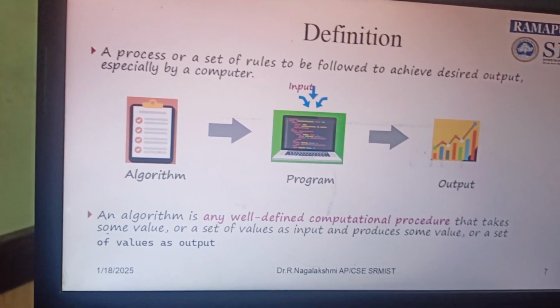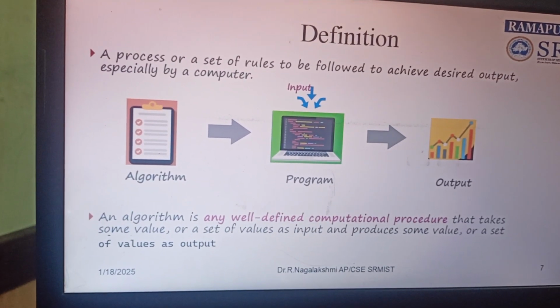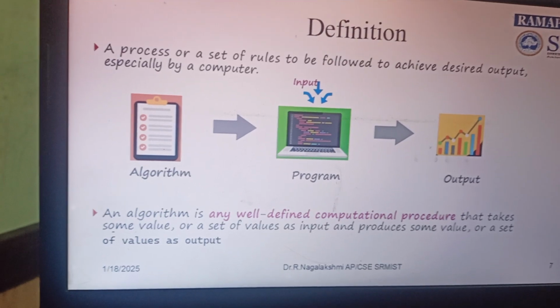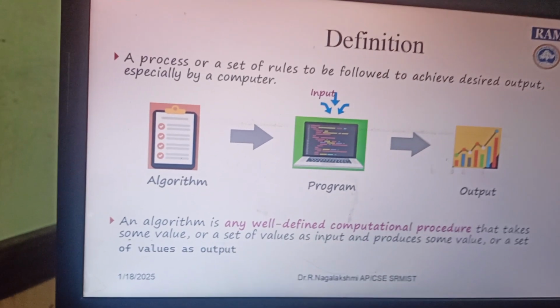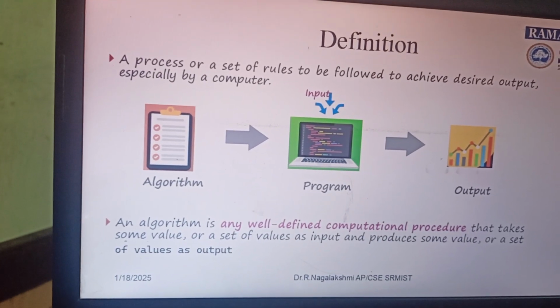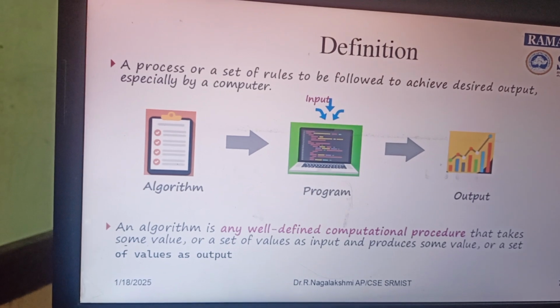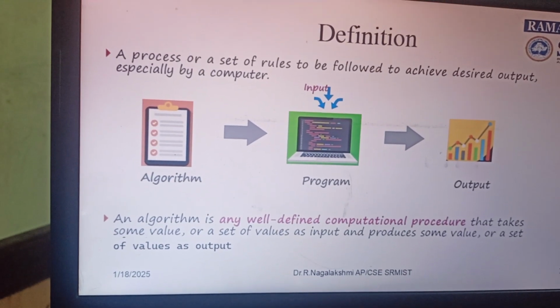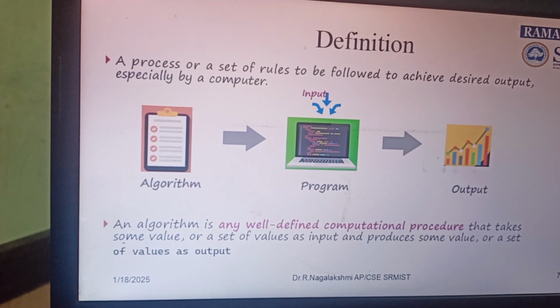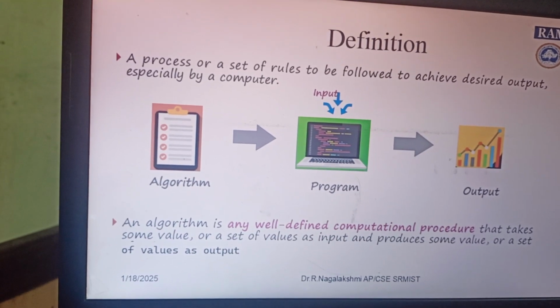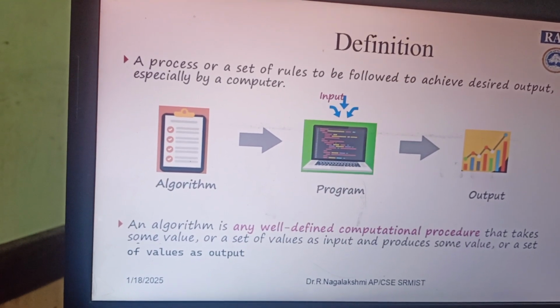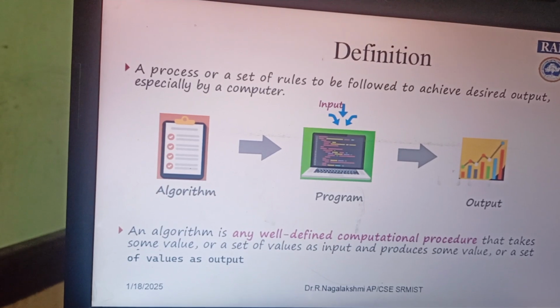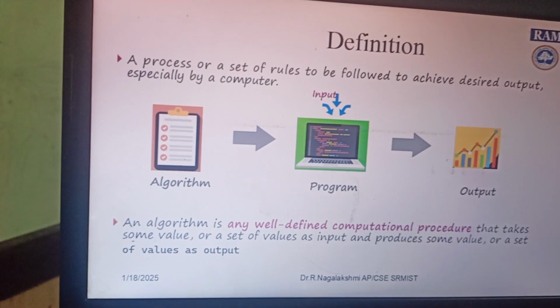Whichever is more suitable and comfortable for my user and gives a clear output, I can choose for our problem. Finally, I will get the output. The computational procedure may take some value or set of values as input and may produce at least one result or a set of results.